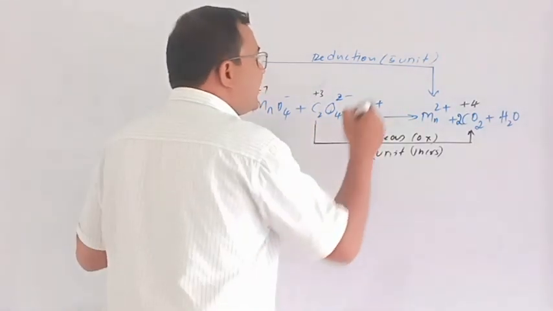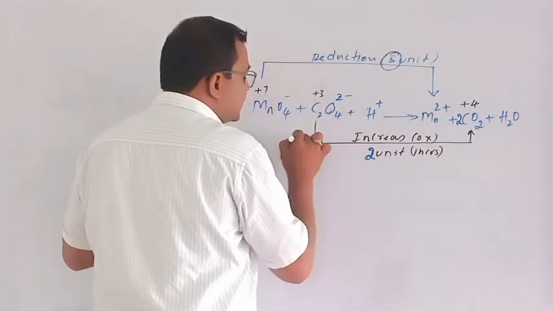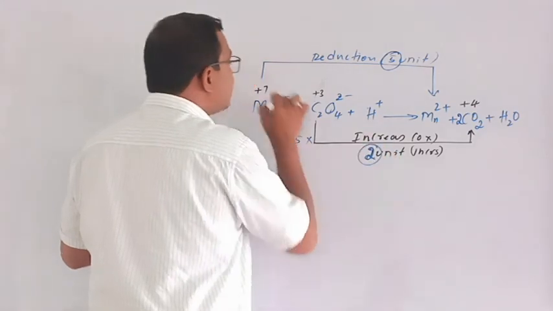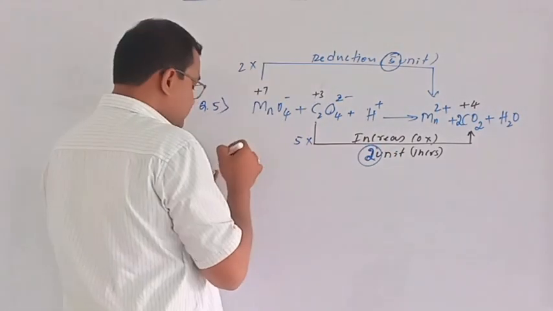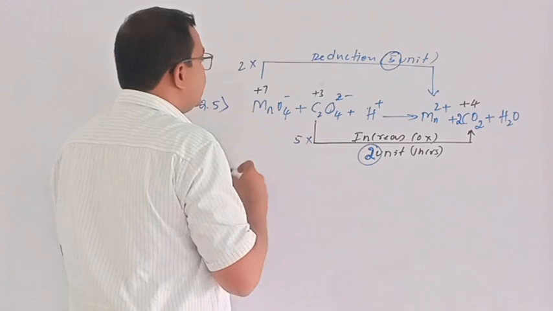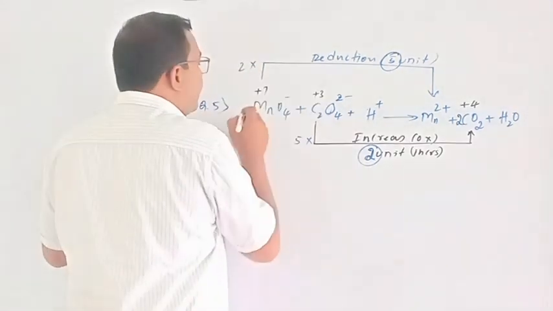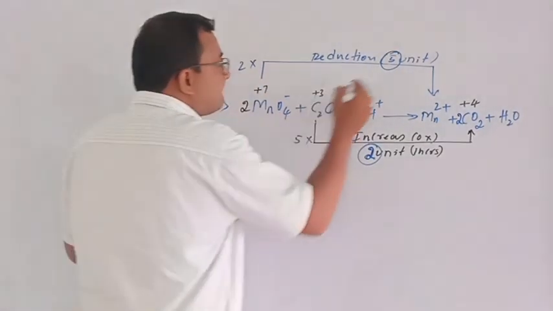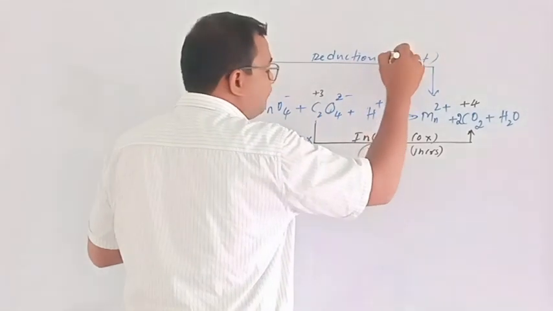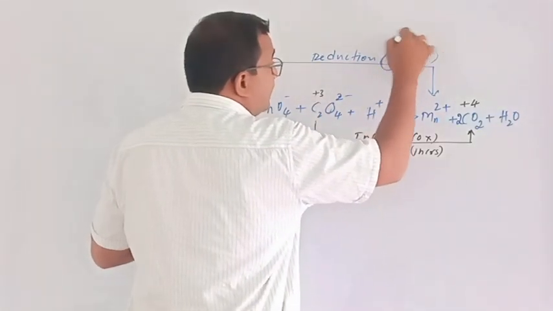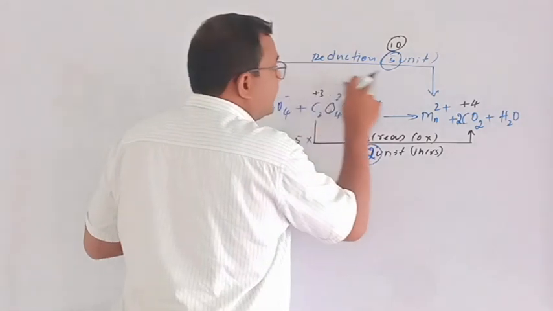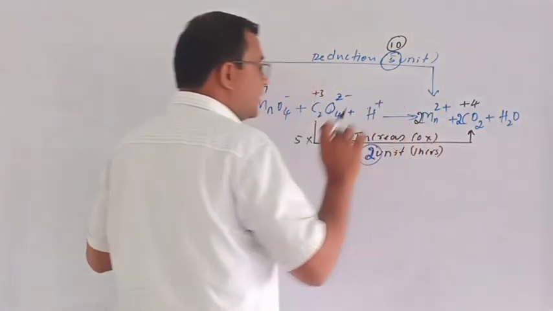Then cross multiply this 5 with this reaction, this 2 with this reaction. Then when you multiply, you will get 2Mn. This becomes 10. Then this is 2 over.